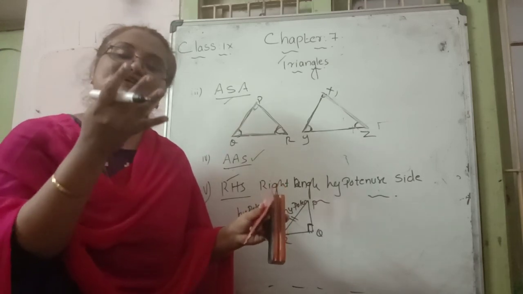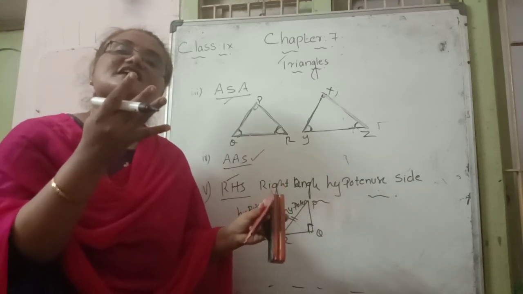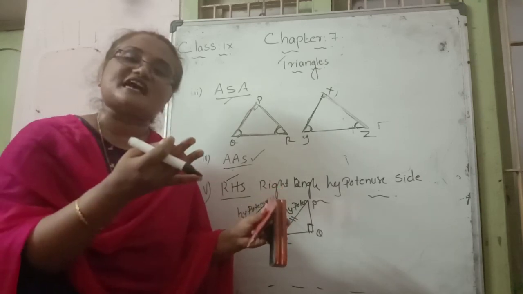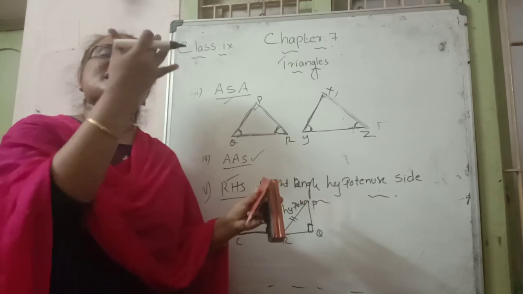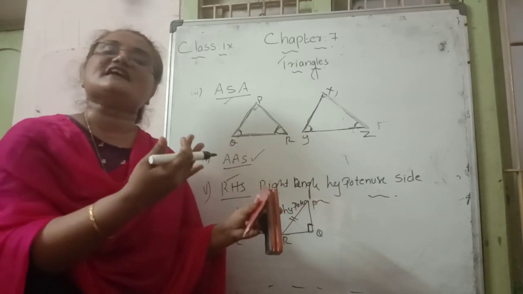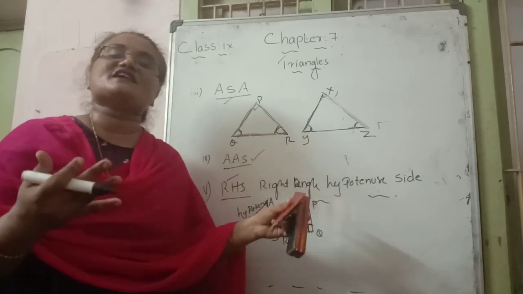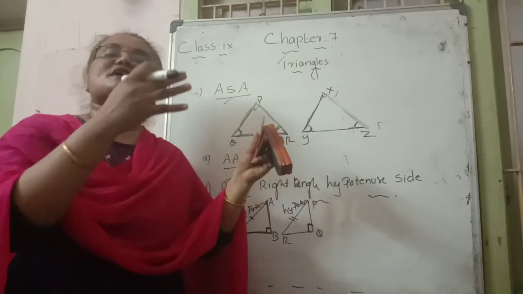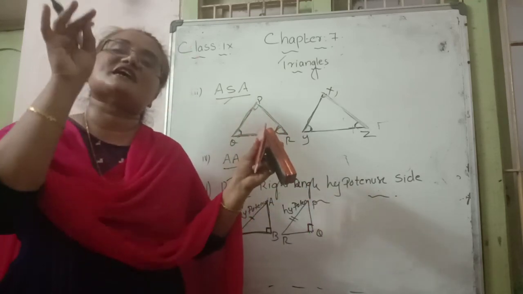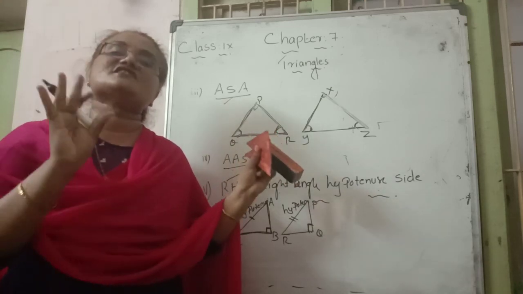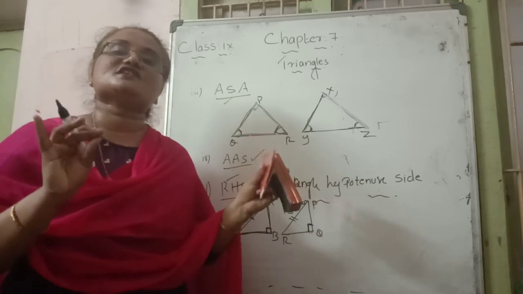Then the next property, ASA, means angle side angle property. AAS means angle angle side property. And the next property we learned is the RHS property. Whichever property they satisfy, apply that property and write the reason in brackets, which property you applied. That way, write the reason and solve the questions.